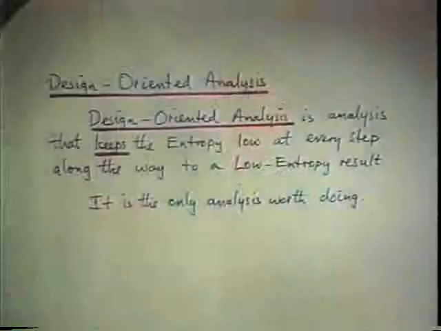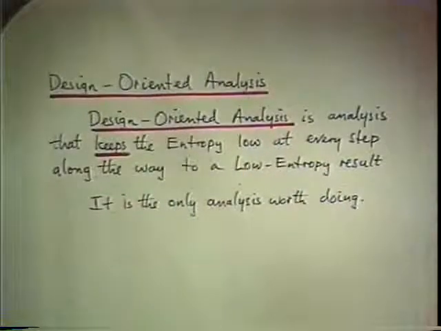Then looking at it and seeing how you can arrange those terms to give you more additional information in terms of insight. That's one way to do it, but it's not the most efficient way. This is the most efficient way. Keep the entropy low all the way through instead of letting it rise and then having to lower it.